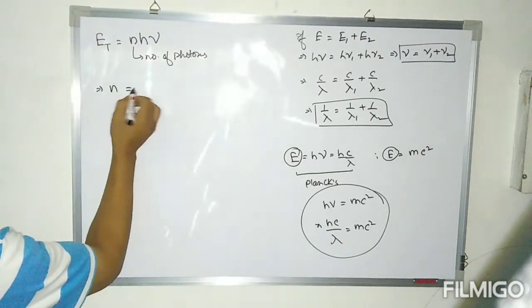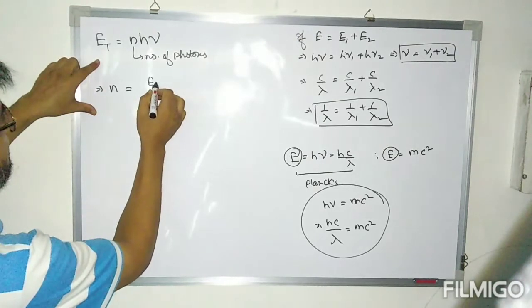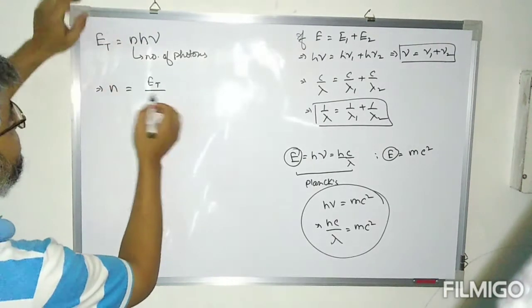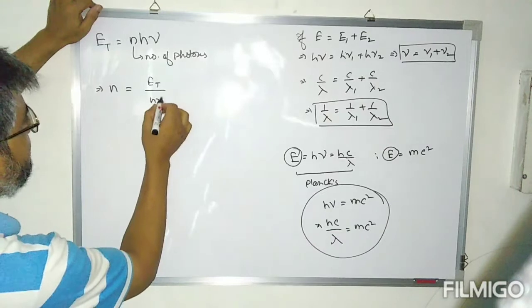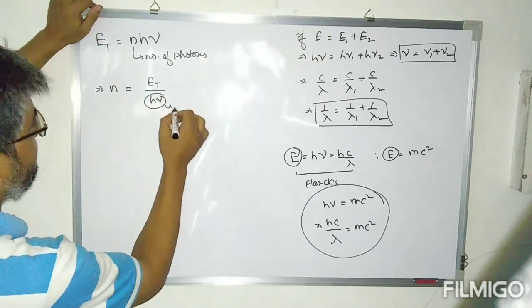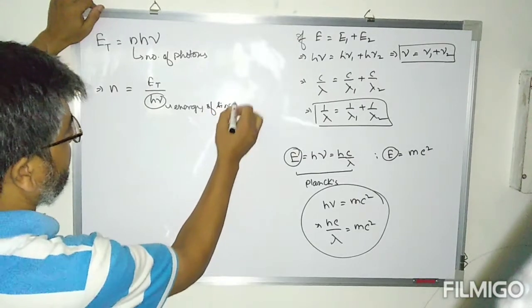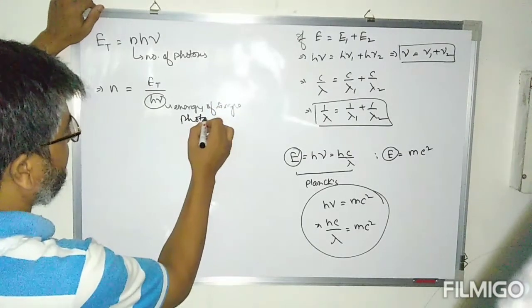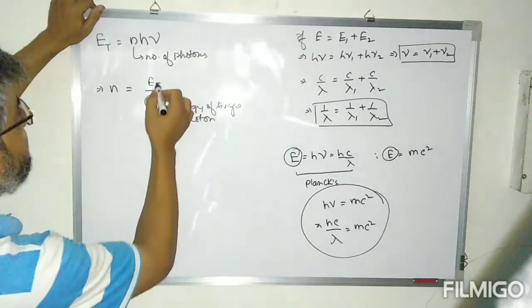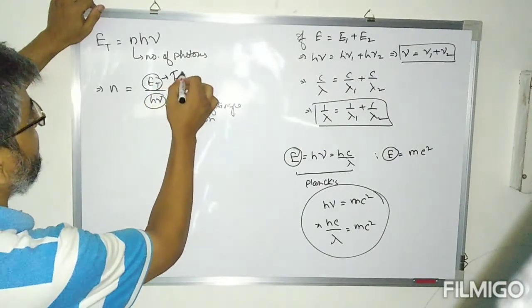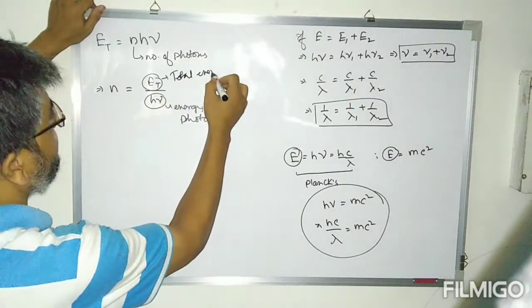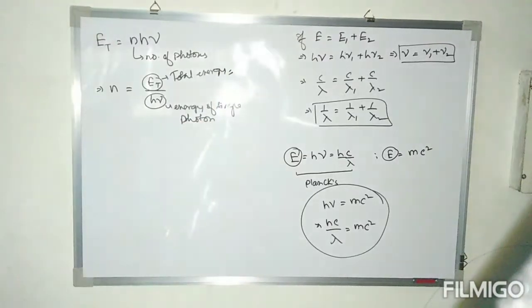So from this we can also define number of photons. Number of photons is total energy divided by energy of single photon, that is h nu.